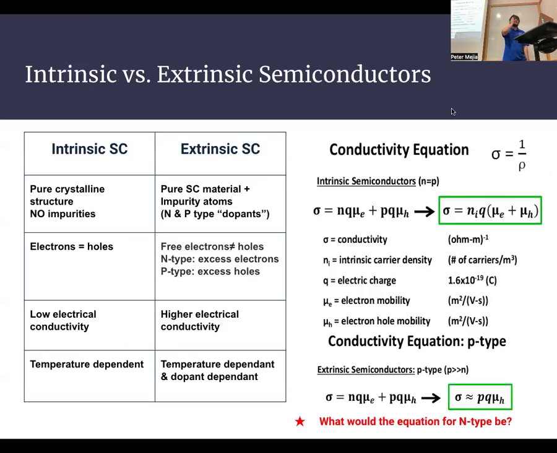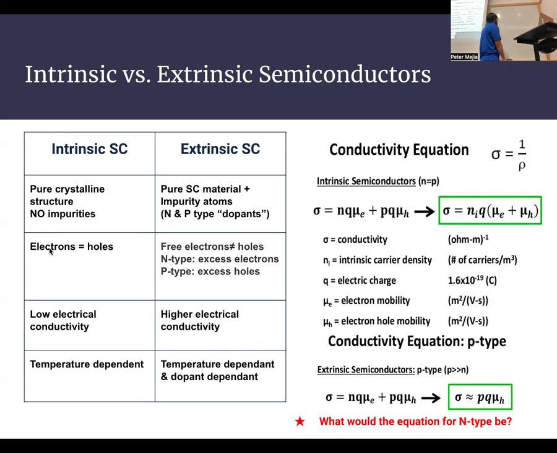All right, so now we can get into intrinsic versus extrinsic semiconductors. An intrinsic semiconductor is a pure crystalline structure with no impurities. Doping is when you add impurities on purpose to a material like silicon. In the intrinsic case, your number of electrons equals your number of holes.